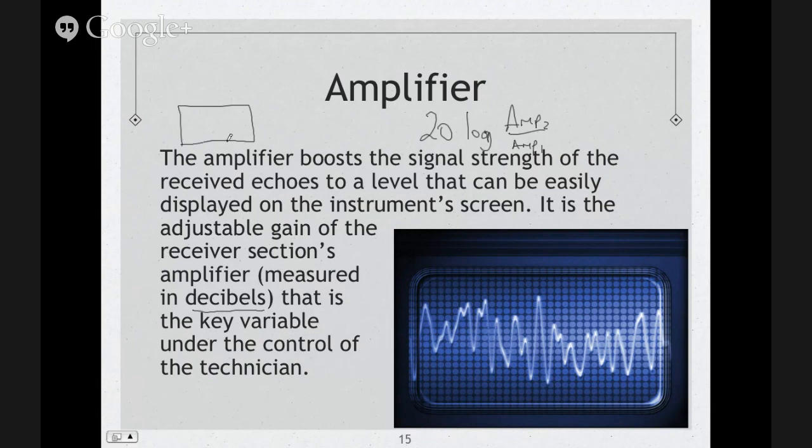But this formula tells you that if you, let's say, have this at 40%, and this is your initial pulse, let's say this is your back wall echo, what gain or how much volume do you need to put to this equipment to bring this indication to, let's say, 80%? So we don't know how much gain.